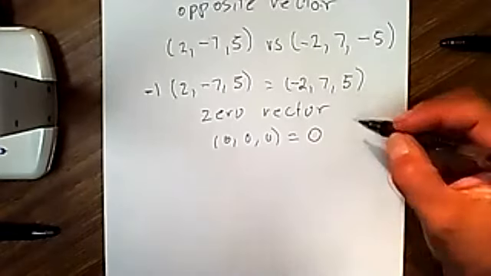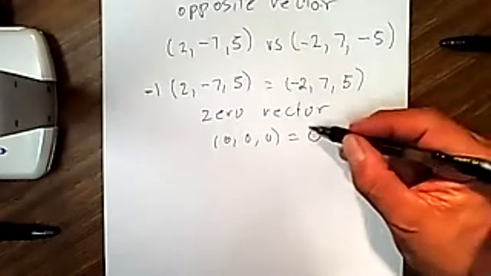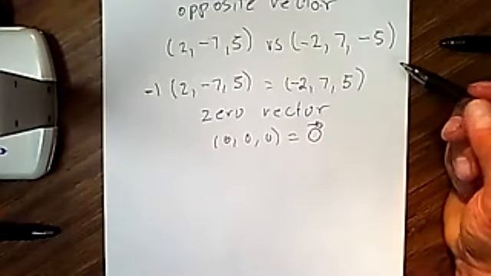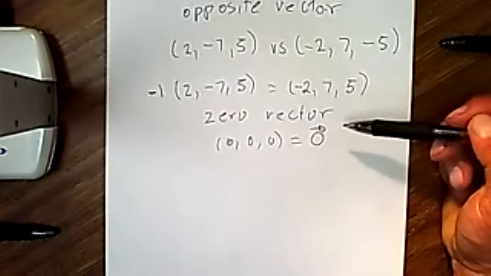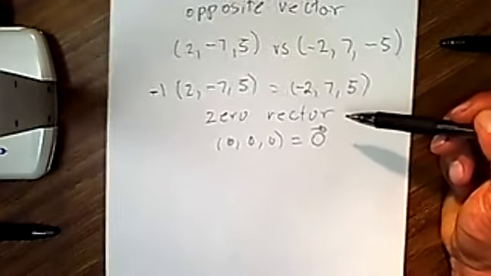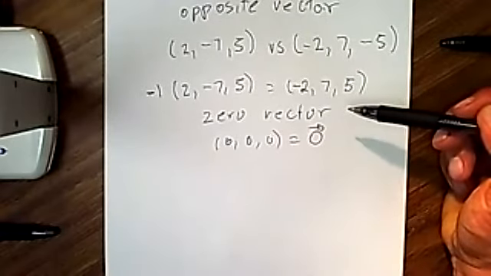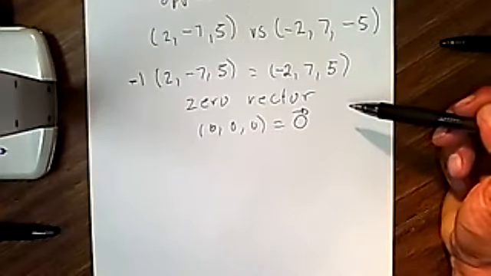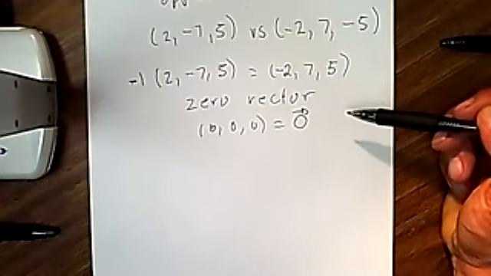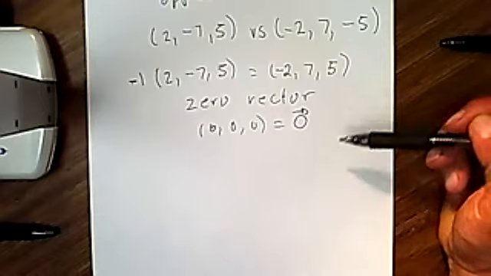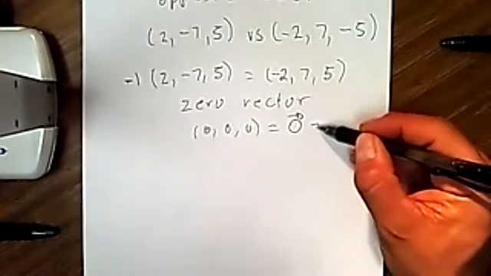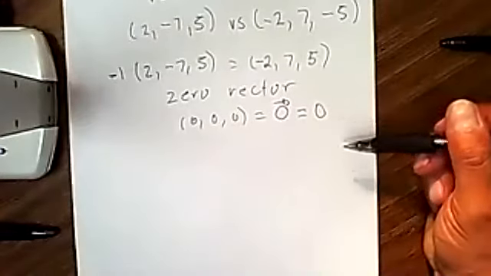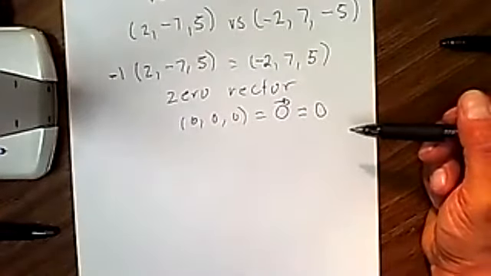Technically speaking, some people put an arrow on top of the 0, indicating that we have a vector that is 0, but then I feel that if we do that, then we also have to state the dimension of this 0. So to avoid complications, I usually just write a 0. And again, the context tells us what kind of 0 we have.